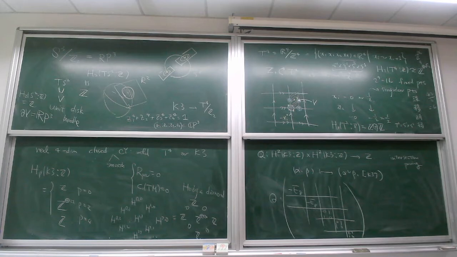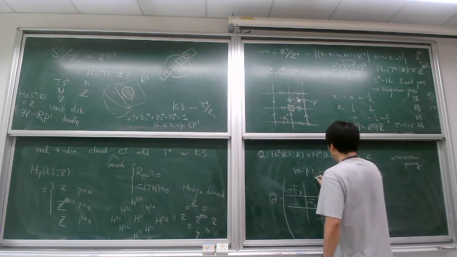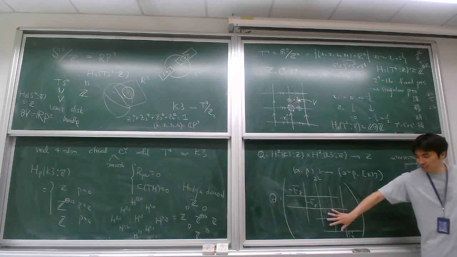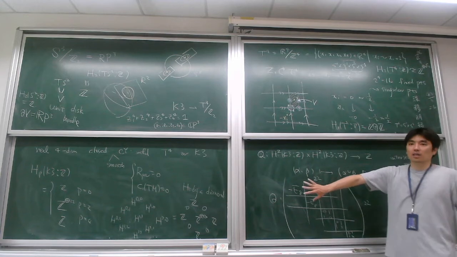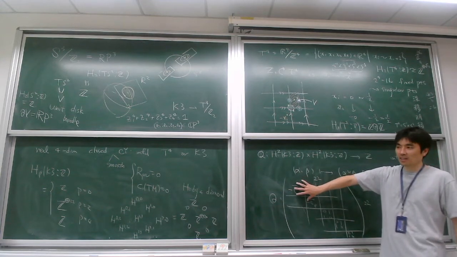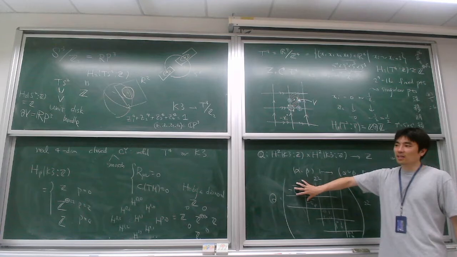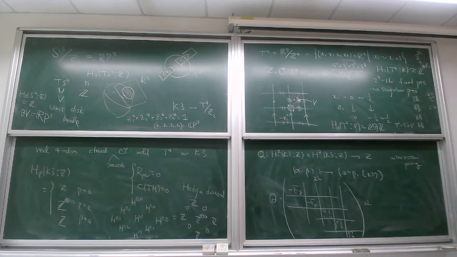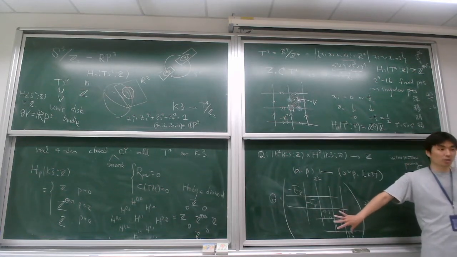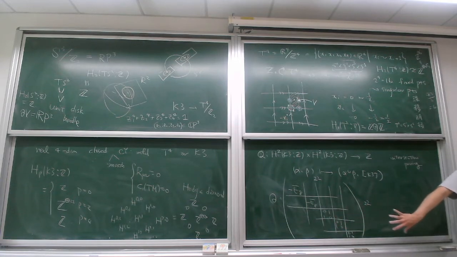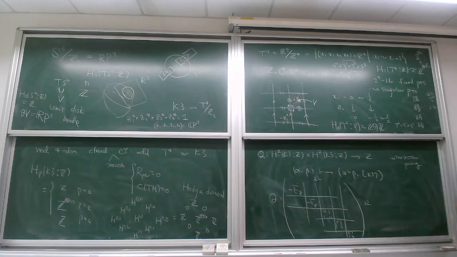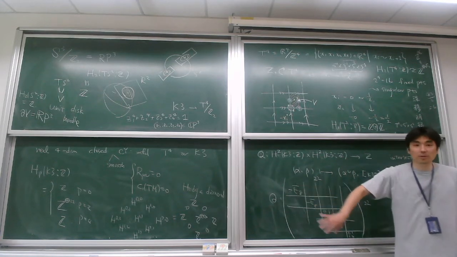It's a 22 by 22 dimensional matrix. But this is a 6 by 6 matrix, and this is a 16 by 16 dimensional matrix. What are the bases? How did I take the bases here? What does this 6 by 6 matrix stand for? And what are these 16-dimensional bases here?